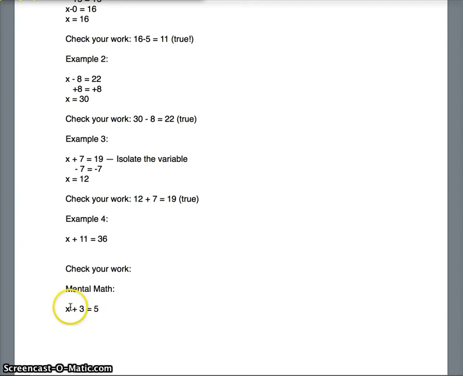You can just solve this in your head. What number plus 3 is going to give you 5? Well, you know that x is going to equal 2 because 2 plus 3 is 5. So some of them they're asking for mental math just because they're so easy that they think that you can do it in your brain. If you can't, you're more than welcome to still write it out, and that's totally acceptable as well.